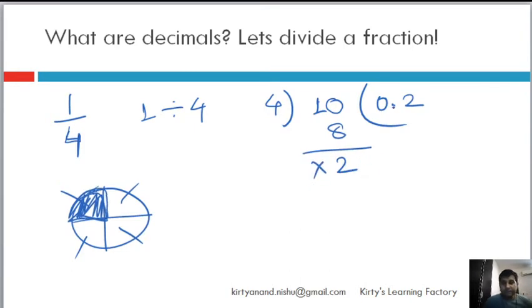Again, because we have put a decimal here, every time there is a remainder which is less than the divisor in a decimal division, we have the liberty of putting a 0, till the time we are able to completely divide it. So 4 into 20, can we divide? Yes, 4 5s are 20. Now the remainder is 0.